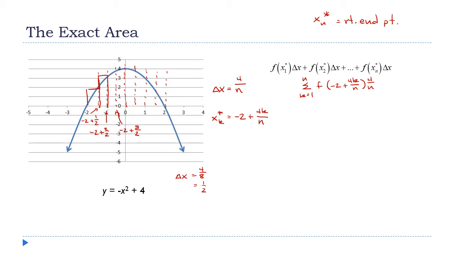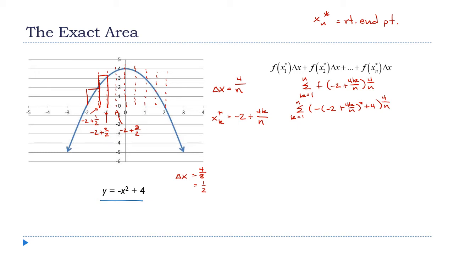Let's see, what is this? This is the sum k equals 1 to n. I'm going to take -2 plus 4k over n and put it into my formula. This becomes -2 plus 4k over n, squared, plus 4, times 4 over n. Now I've got some algebra to do.